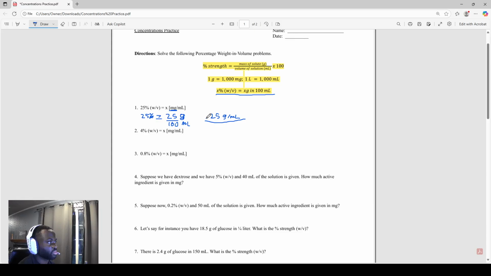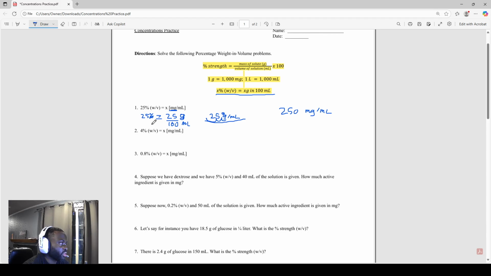So the same thing as multiplying by 1,000 is moving the decimal place forward 3 times. 1, 2, 3. We add a placeholder 0 here, making it 250 milligrams per milliliter. One more time.